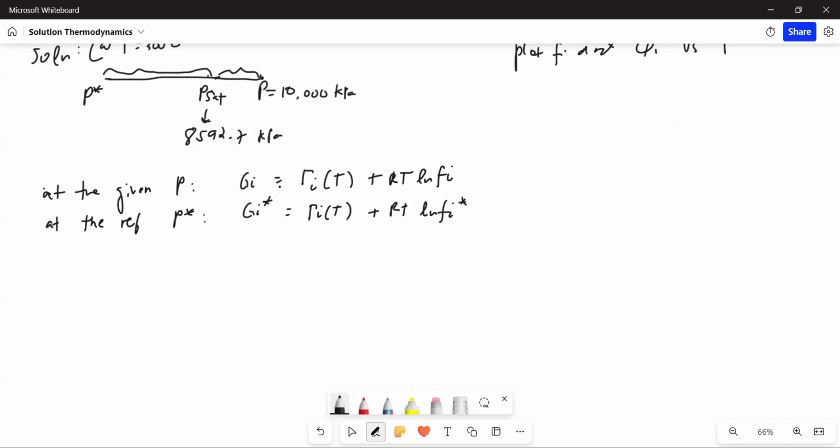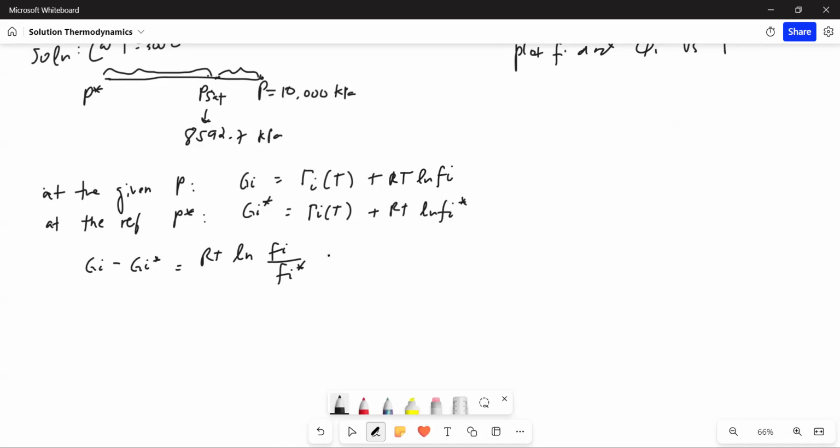To get rid of the integration constant, we subtract the two equations from one another. So that's G sub i minus G sub i star equal to RT times the natural log ratio of f sub i over f sub i star, and this cancels out the integration constant.